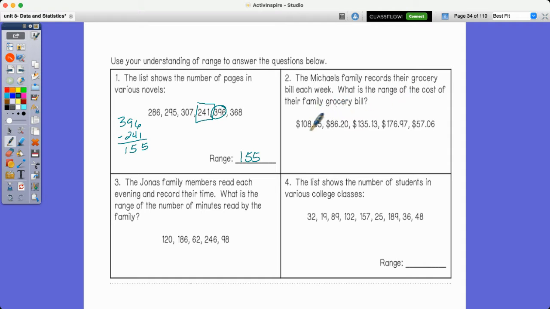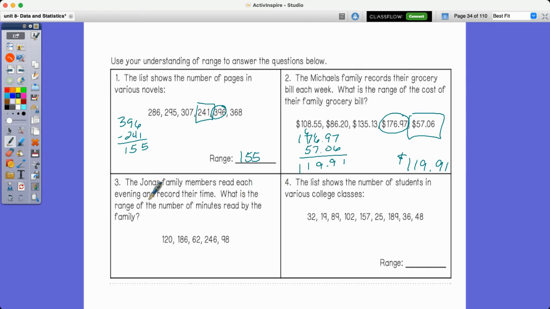Range of the grocery bill, you're finding your biggest number, which was this one, and your smallest number, which is this one, and you're subtracting. And you get $119.91.